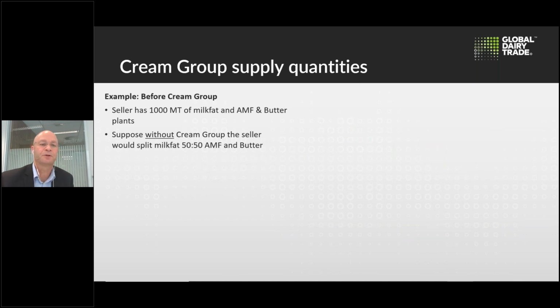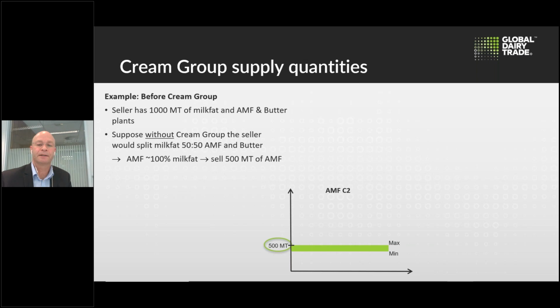It's got a few other wrinkles to do with it because of cream, because of the milk fat percentages. So suppose we start with 1,000 metric tons of milk fat. A seller, before we introduce the cream group, might want to sell 500 of that as AMF and 500 as butter.